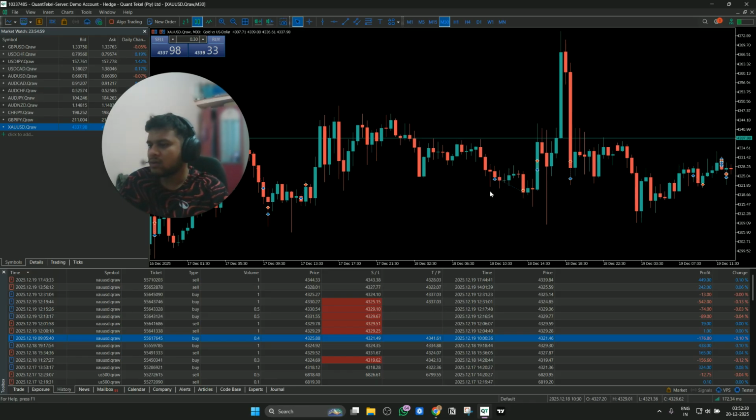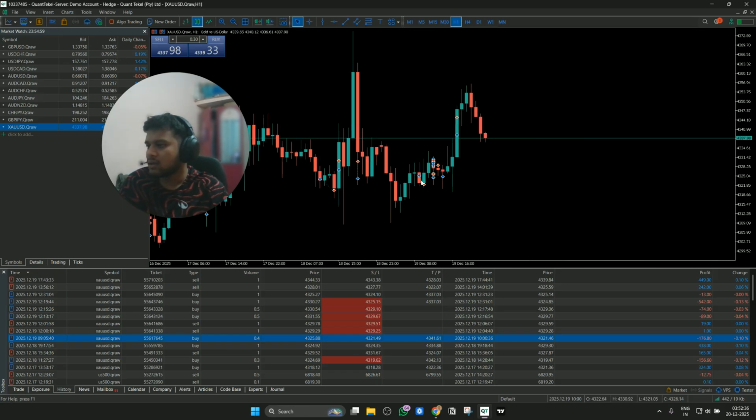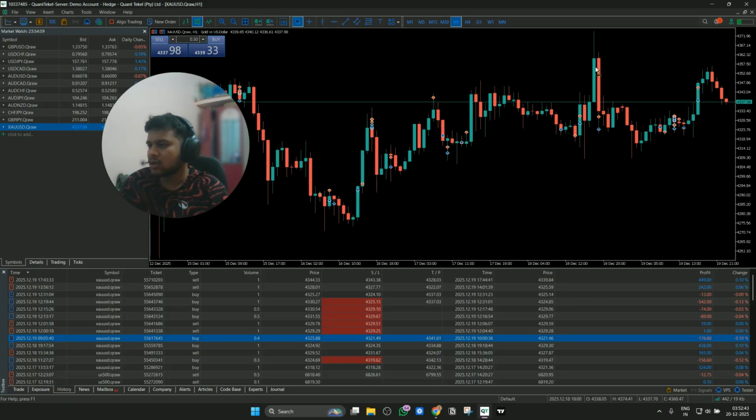The reason for this buy again was that the market felt bullish in a very good manner. Again, we were able to find good liquidity sweeps and everything, and the market in general felt very bullish, even though it does not look bullish at this stage.